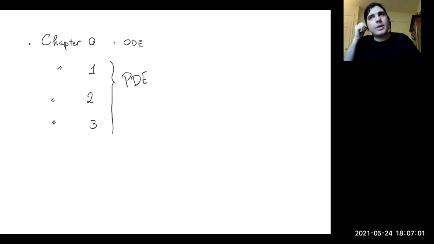Partial differential equations means we would have derivatives with respect to several variables, as you would see. So chapters 1, 2, 3 are going to be about 3 important different differential equations, which we are going to see. So let's start with ordinary differential equations.